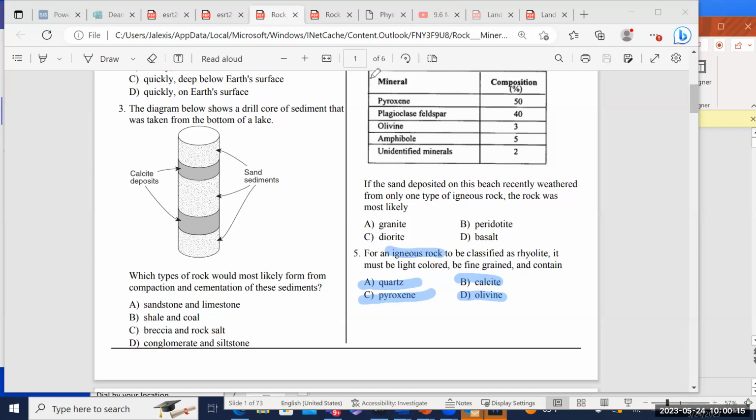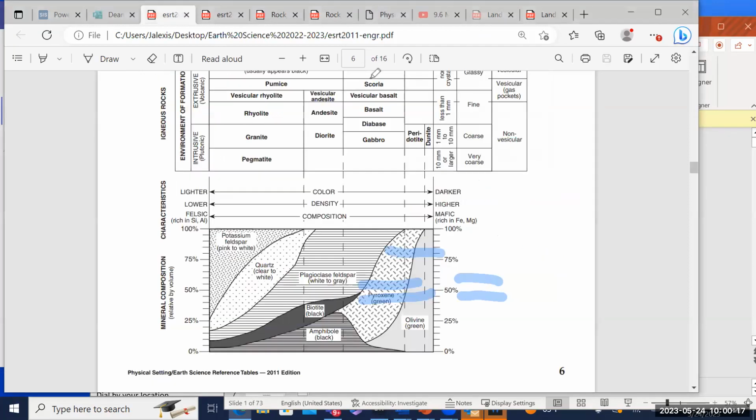What page do we look at, everybody? We're going to be looking at page 6. I see the rock rhyolite, and that means that out of the minerals they told us, it has to contain quartz, calcite, olivine, or pyroxene.